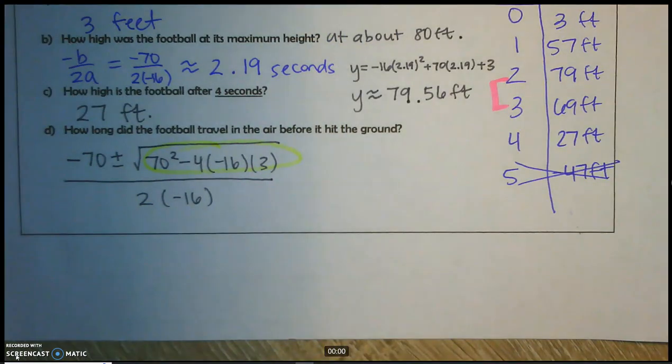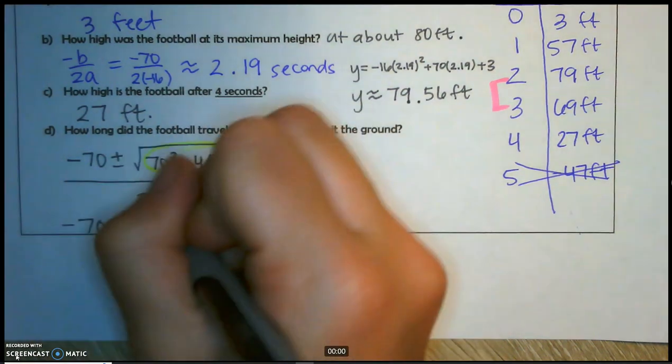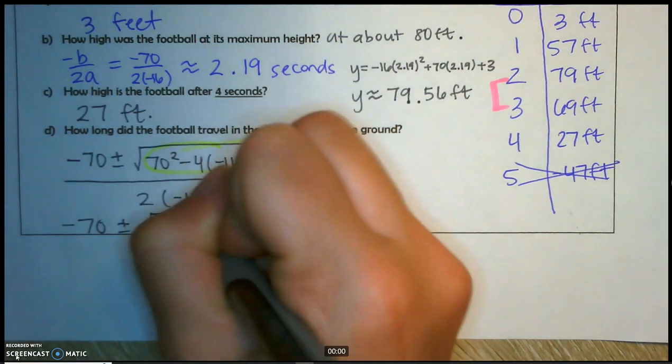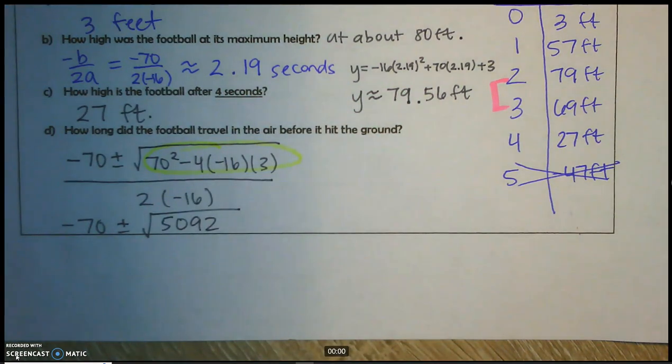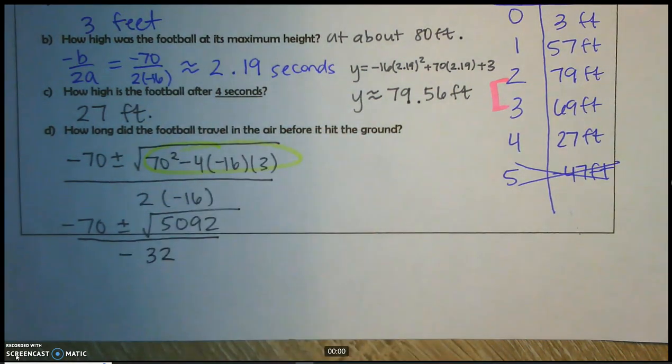Underneath my radical, I'm given 5,092. And on my denominator, I'm going to have negative 32.